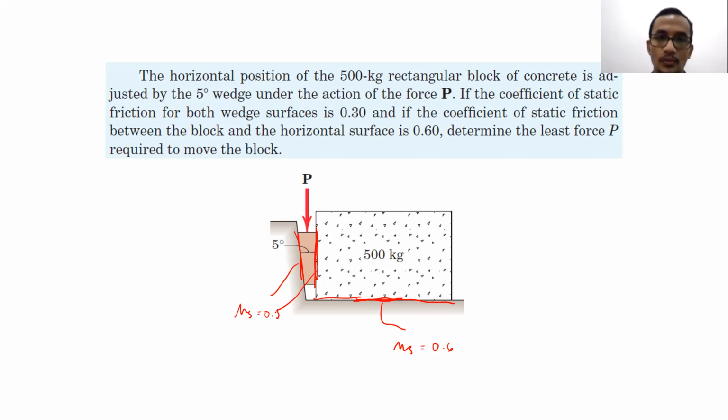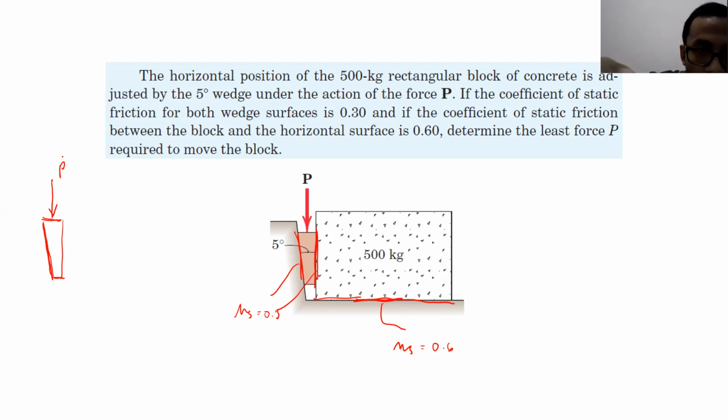So the first thing that you're supposed to do is to draw the free body diagram as usual. This is the free body diagram of the wedge. We have the force P there. And beside that, we have a normal force as well as the friction force. Here we have the normal force, normal to the surface.